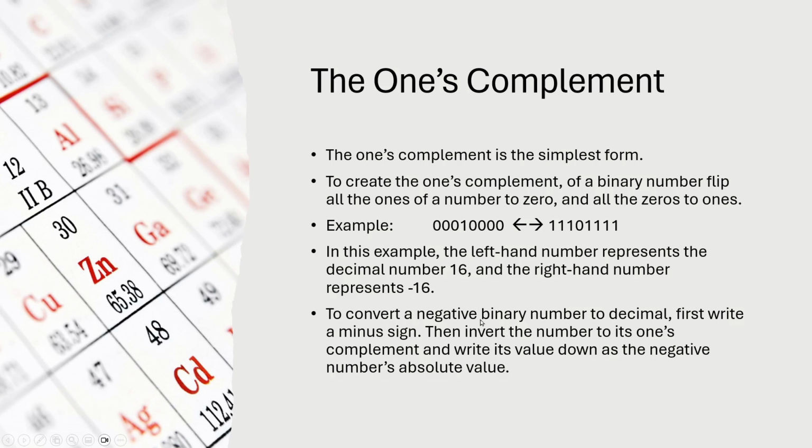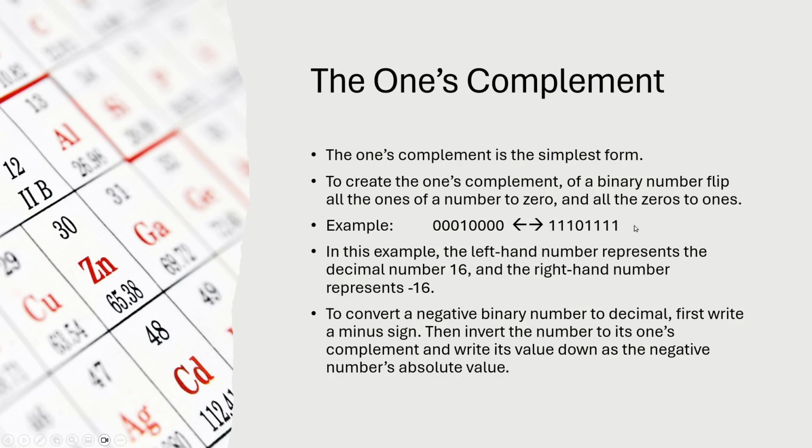To convert a negative binary number to decimal, in other words, if you want to find out what this value is in decimal notation, the first thing you do is write down the minus sign, and then you invert the number to its one's complement and write its value down as the negative number's absolute value.